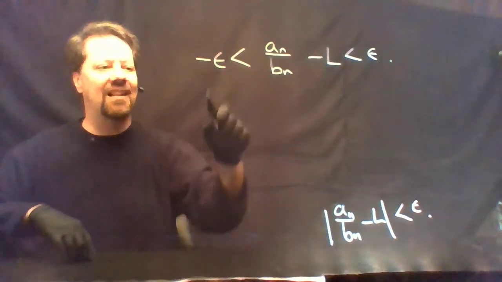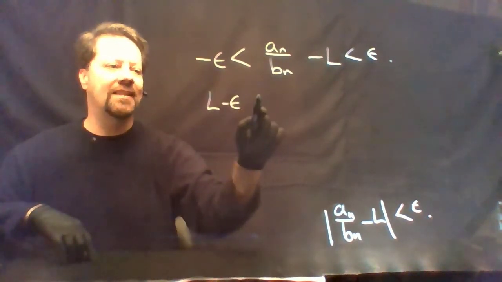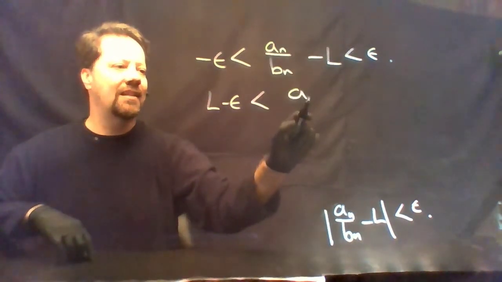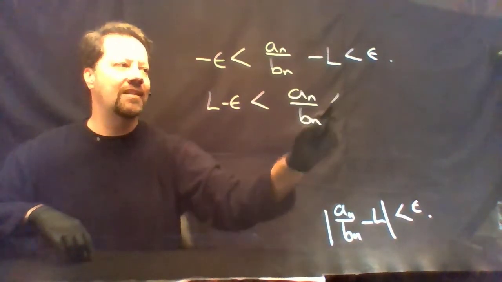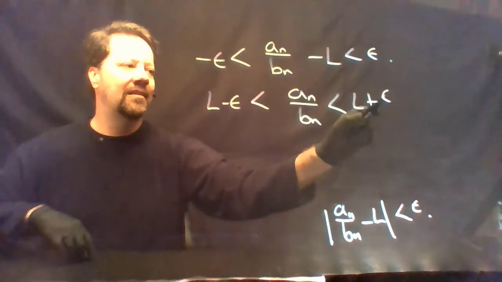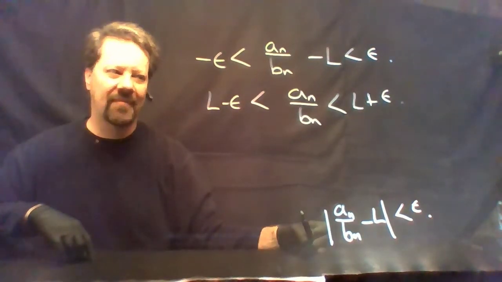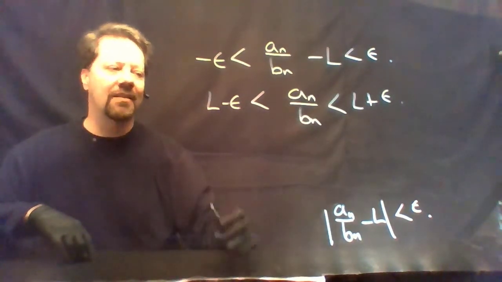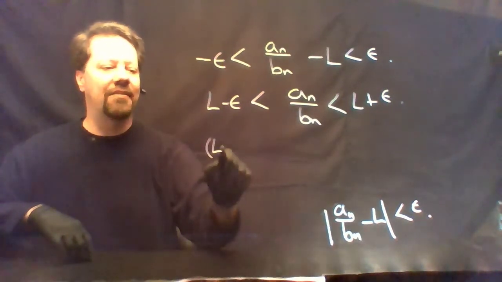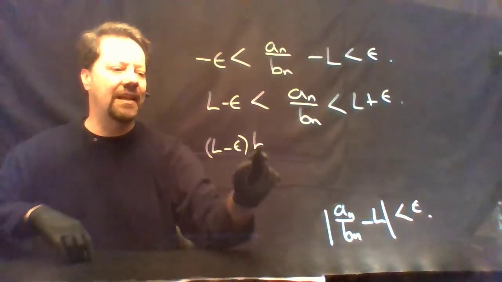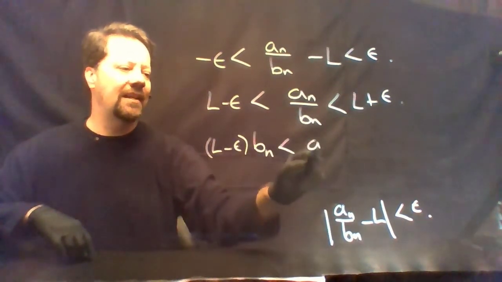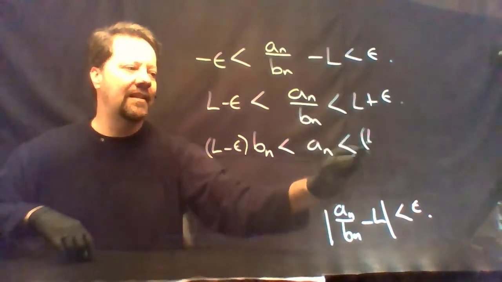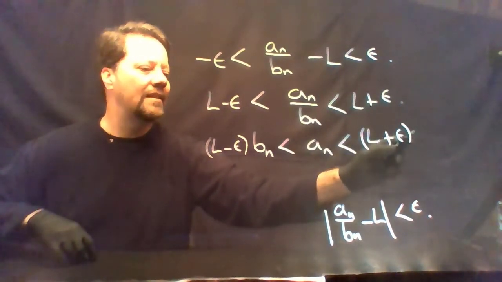If we add L to all three parts, L minus epsilon is less than a_n over b_n is less than L plus epsilon. We'll multiply each part by b_n. We'll have L minus epsilon times b_n is less than a_n is less than L plus epsilon times b_n.